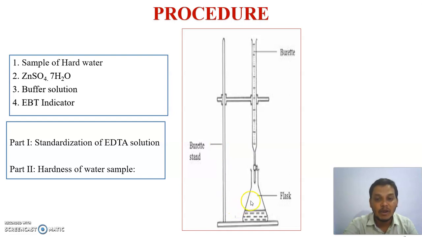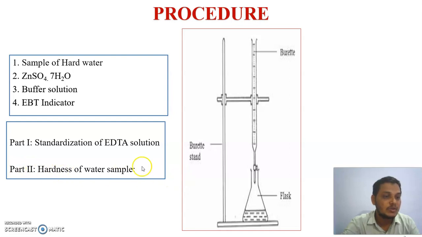To this add 5 ml buffer solution and 2 to 3 drops of Eriochrome Black T indicator. Then the color of the solution becomes what? Wine red. Titrate this wine red solution against EDTA. The endpoint of the titration is when wine red changes to blue. Note down this X1 ml burette reading. Similarly find out 3 different readings and from this we can easily calculate the molarity of EDTA. So this is the first part of the experiment.